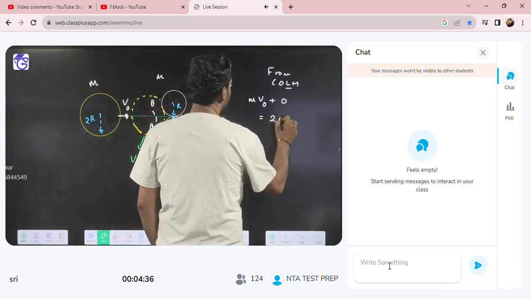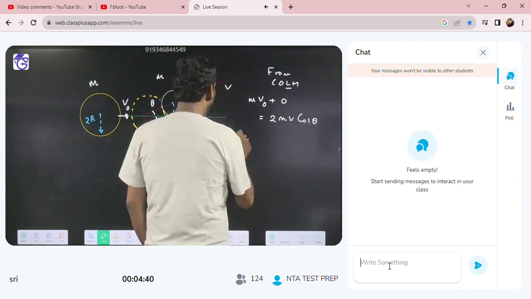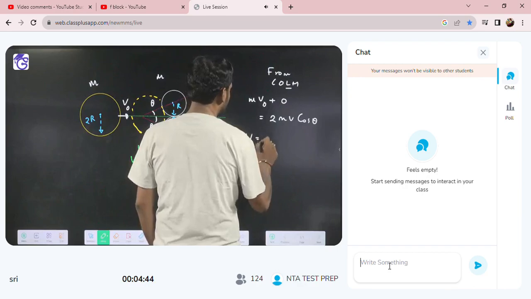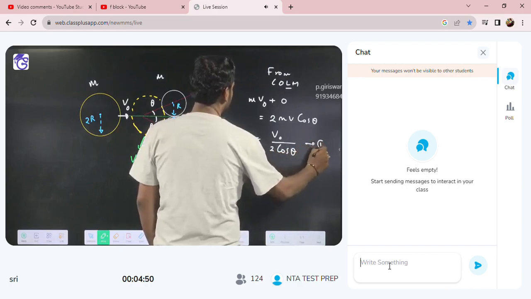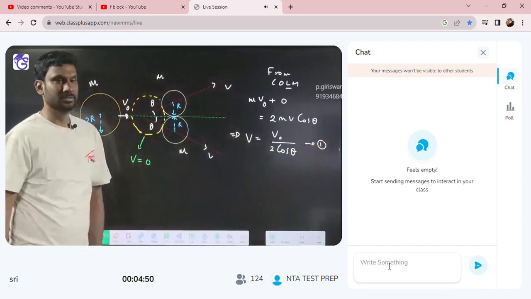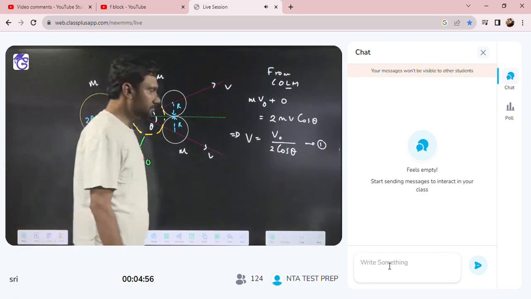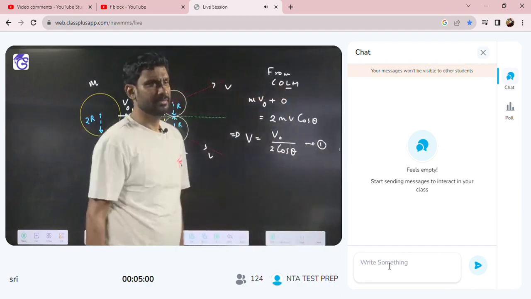So we get 2mv cos theta. So v is equal to v naught by 2 cos theta. This is equation number 1. So this is one equation we got.